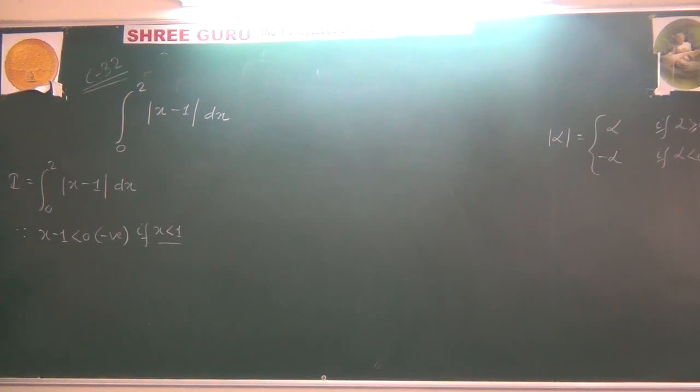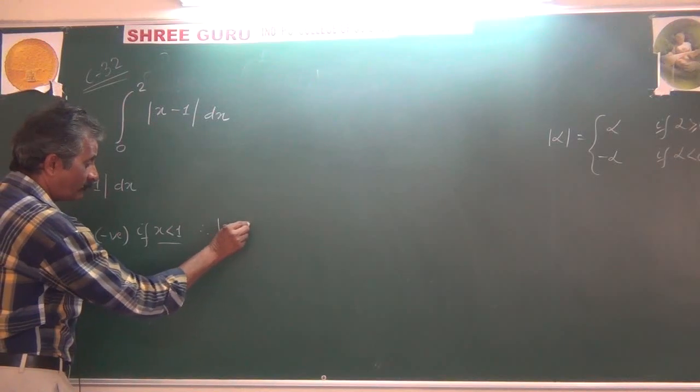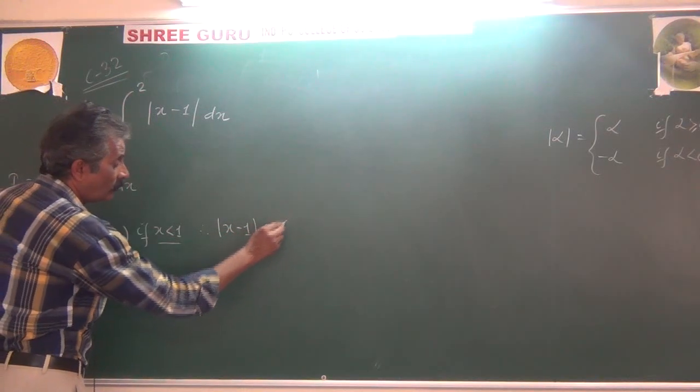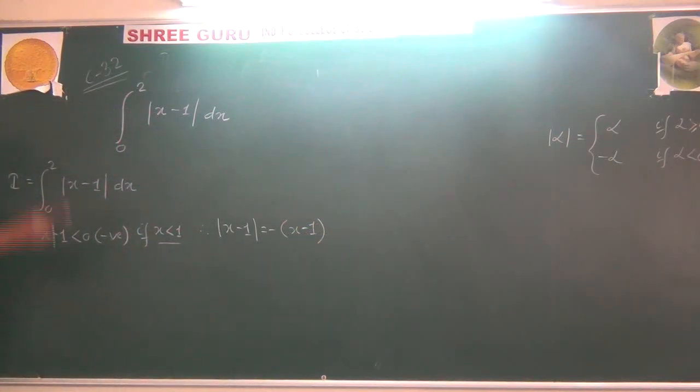For example, if x is 0.2, 0.2 minus 1 is minus 0.8, which is minus. Therefore, modulus of x minus 1 will be equal to minus of x minus 1.